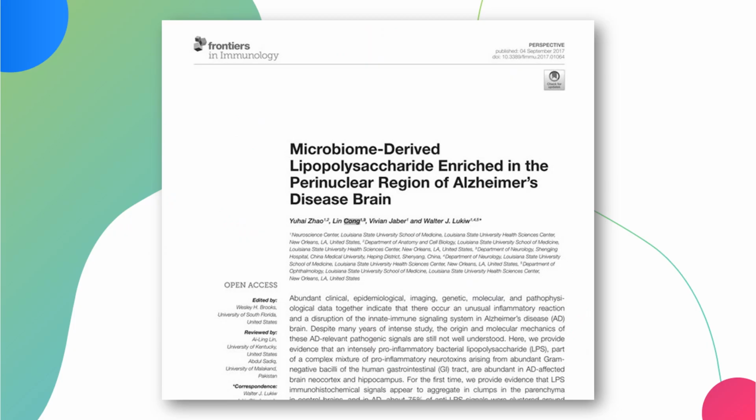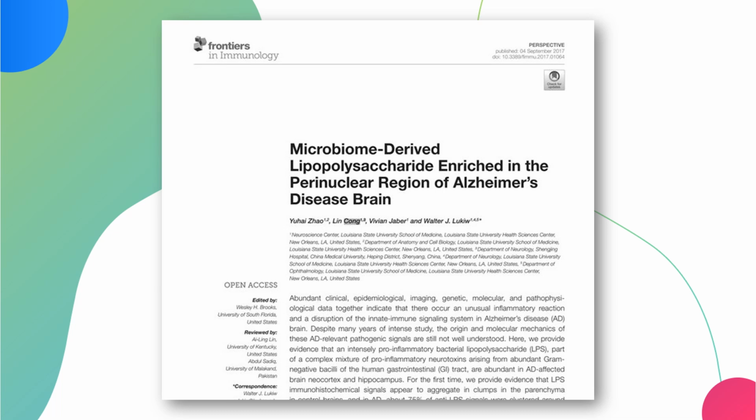Not only is LPS implicated in the development and severity of mood disorders like depression and anxiety, but many researchers have found that lipopolysaccharide also plays a role in Alzheimer's and other neurodegenerative diseases. This study found that gut-derived LPS has a unique affinity for the nucleus of Alzheimer's disease brain cells.